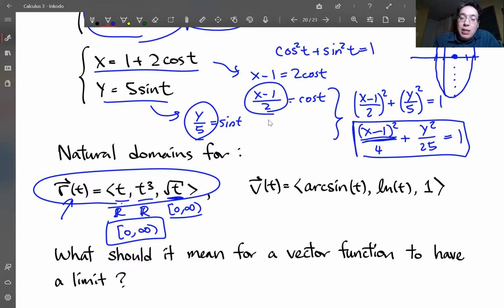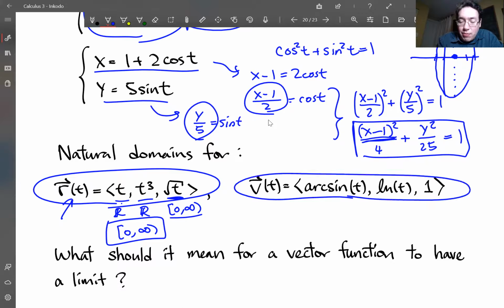Let's do another one. So here's another vector function right here. The inverse sine function is limited between -1 and +1, including the endpoints.